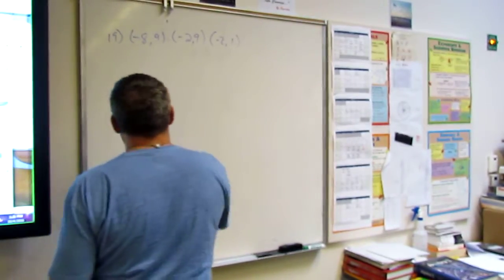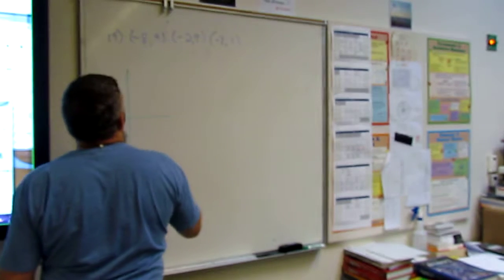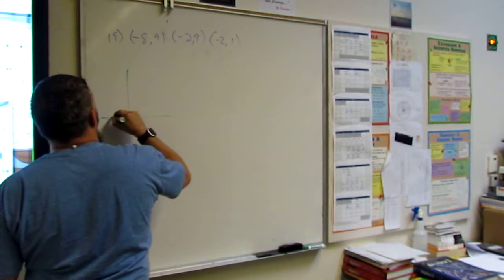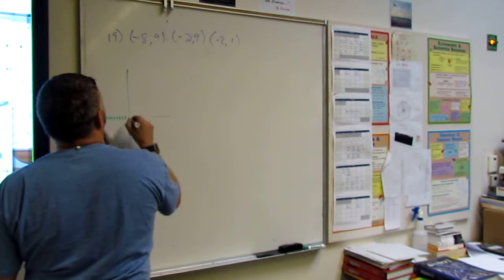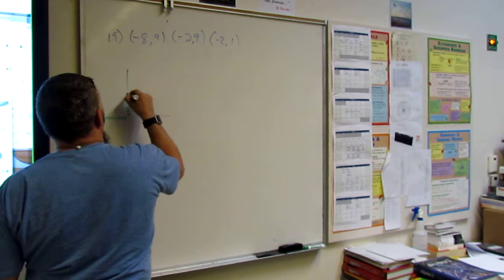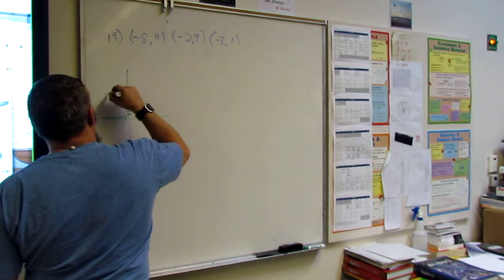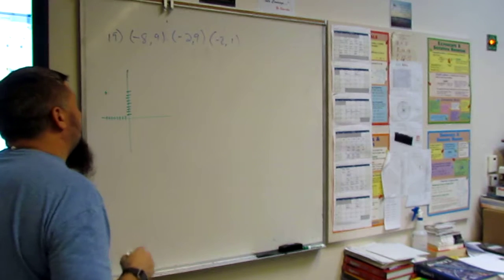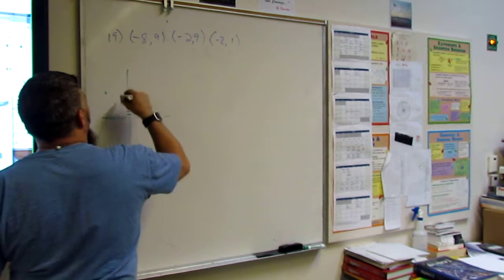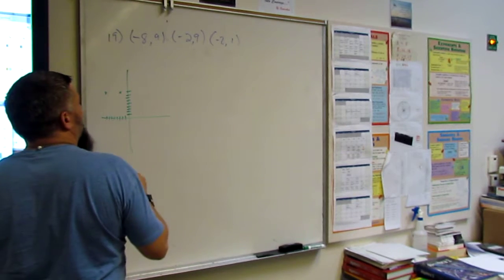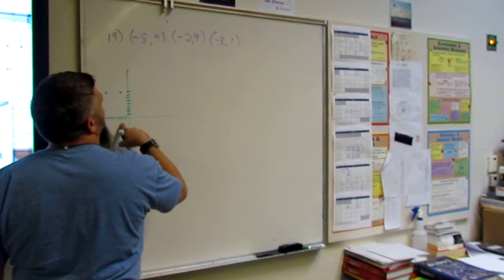So when we look at this graph real quick, we can go 1, 2, 3, 4, 5, 6, 7, 8, then 1, 2, 3, 4, 5, 6, 7, 8, 9. So this gives us an approximation of what's going on. -2 and 9, and then -2 and 1.